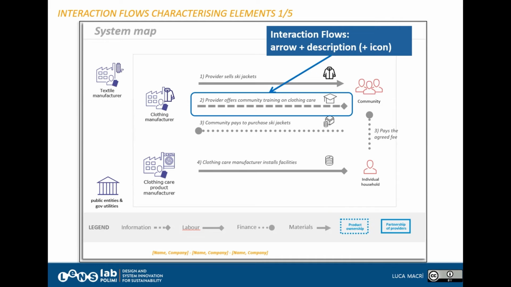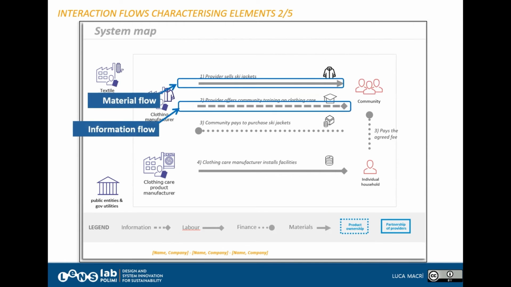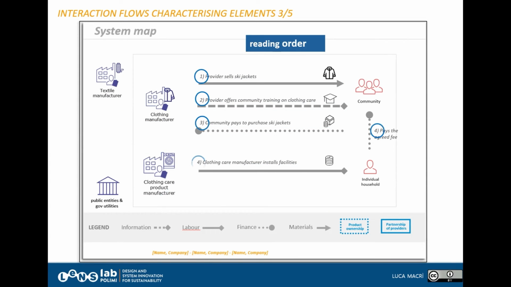And then there are also labor flows, describing if there is a working relationship between two stakeholders, maybe in partnership or in some other way, working for another stakeholder. Those are the ones I was mentioning, financial and labor.